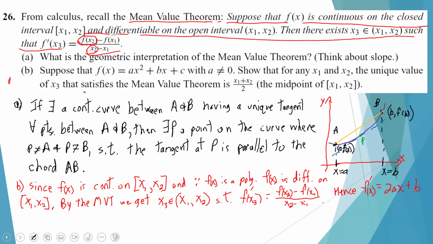So this is 2a x3 plus b is equal to a x2 squared plus b x2 plus c minus a x1 squared plus b x1 plus c, and that is over x2 minus x1.